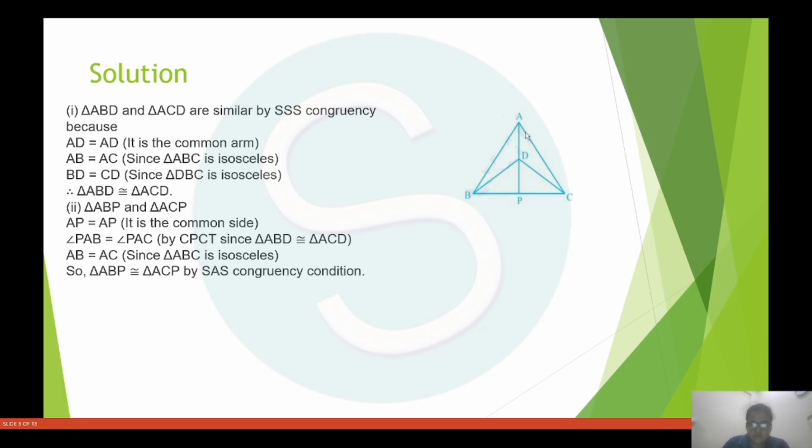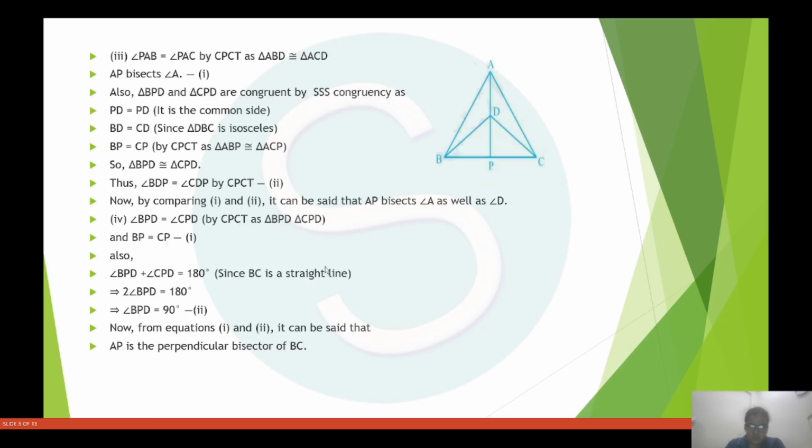Then since हमने prove किया है कि triangle ABD is congruent to ACD, so we can prove कि PAB and PAC are equal by CPCT, and thirdly AB equals to AC because triangle ABC is isosceles triangle. So triangle ABP is congruent to triangle ACP by side angle side congruency.